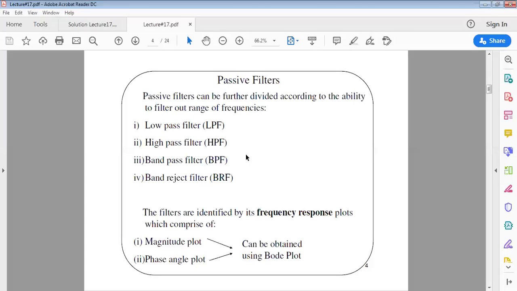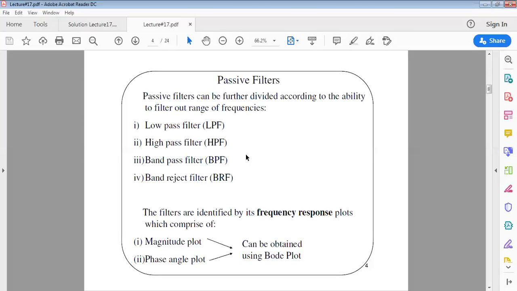So just to make it clear, in this lecture we're going to repeat the topics that we have learned in lecture 16, in which we are going to obtain the transfer function of the filters, and from the transfer function we are going to sketch the Bode diagram.